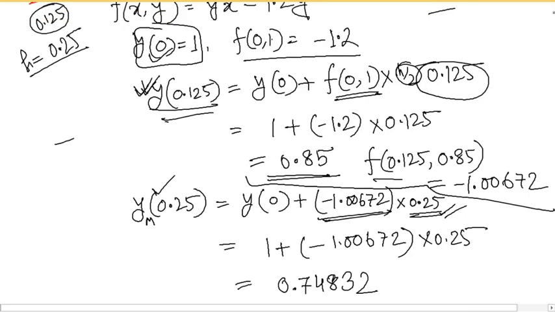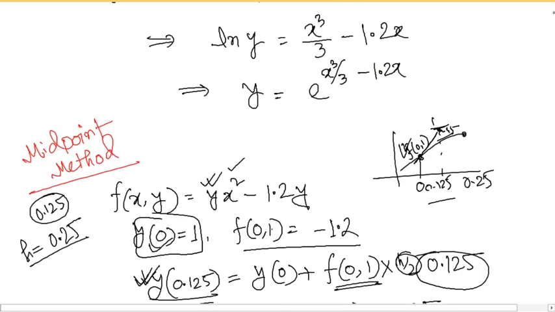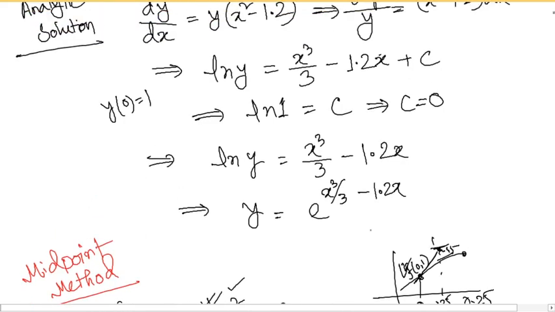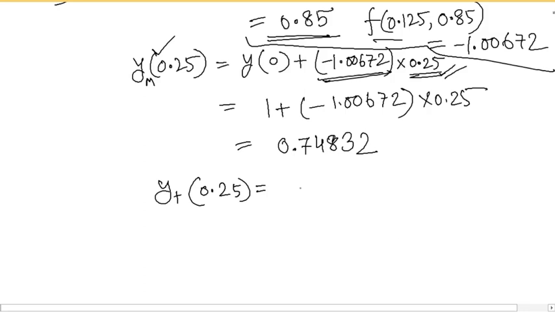Whereas the true solution at 0.25, as the analytical solution is known, if we put the value of x equals 0.25, will give us 0.744686.